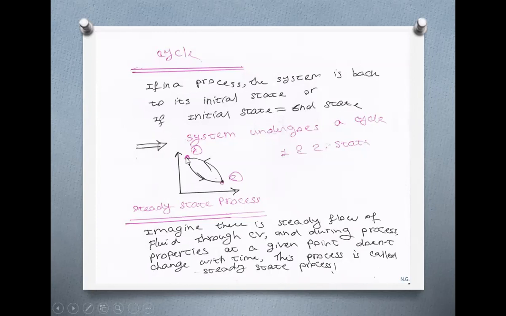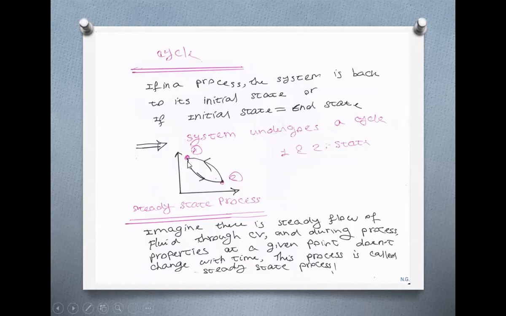So if the system goes from a state 1 with values of P1, T1, V1, Nu1, H1, U1, these are values of properties, pressure, temperature, enthalpy, internal energy, specific volume, to state 2 with values of those properties being equal to P2, T2, Nu2, U2, H2 under this process, let's say process A. And then it goes back from state 2 to state 1 through process B. We say that the system undergoes a cycle because, as you see, the initial and the final state are the same.